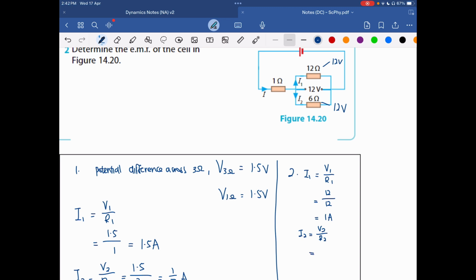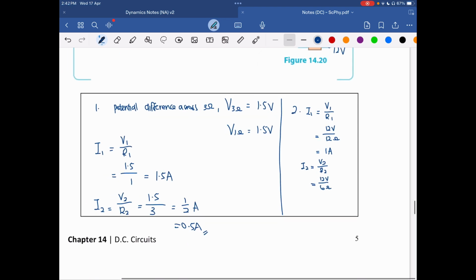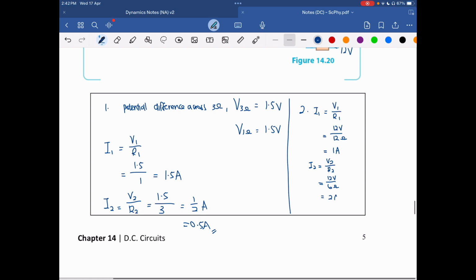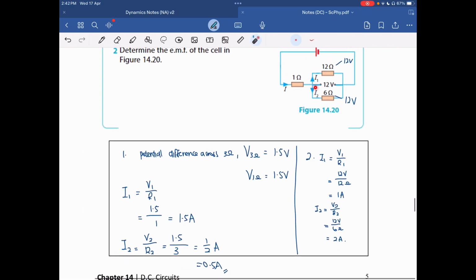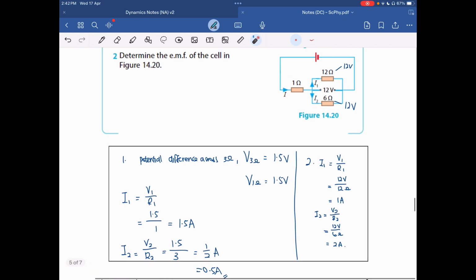So V2 is 12 volt divided by R2, which is 6 ohm. So this gives me 2 ampere, right? So from these two branches of current, I can find what is the total current coming out from the main circuit, the main branch. So I equals to I1 plus I2, 1 plus 2, 3 ampere.